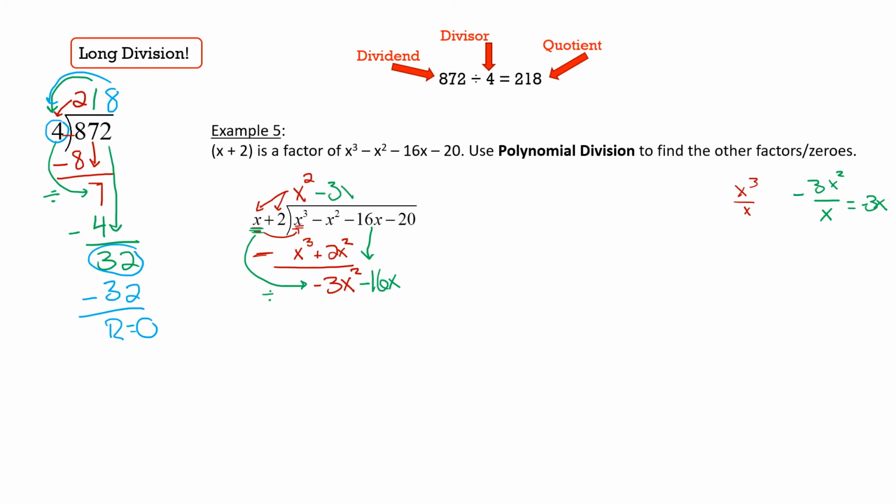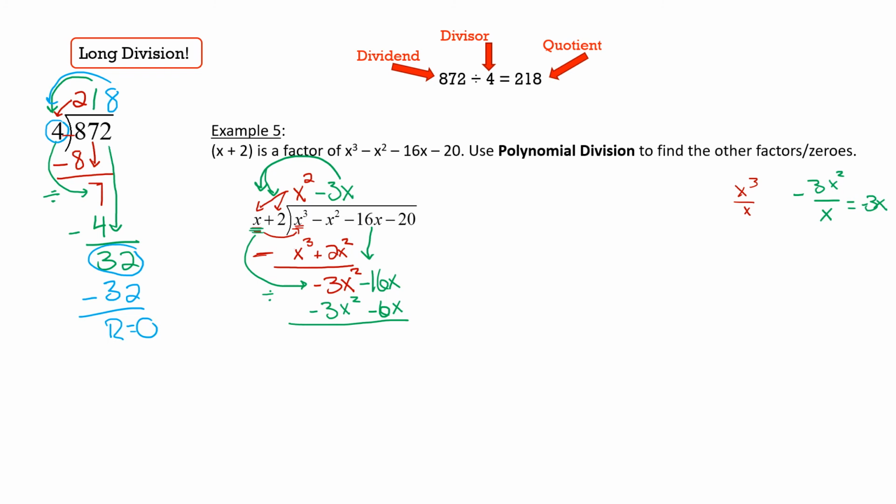Negative 3x. Now we're repeating the whole process again. I'm going to take this negative 3x and multiply it into both parts of the binomial. Negative 3x times x is negative 3x squared. It matches, it should, because we worked it out that way. Negative 3x times 2 is negative 6x.